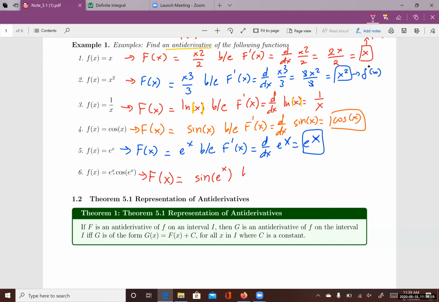It works because the derivative of sine of e to the x, using the chain rule, is equal to e to the x times cosine of e to the x.